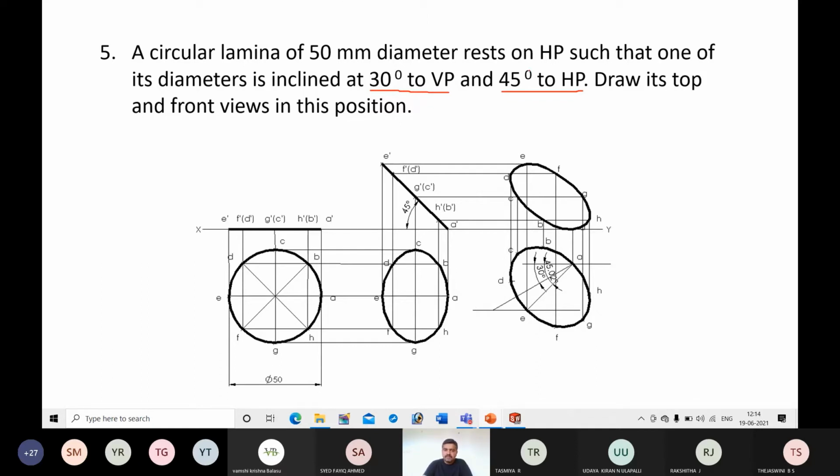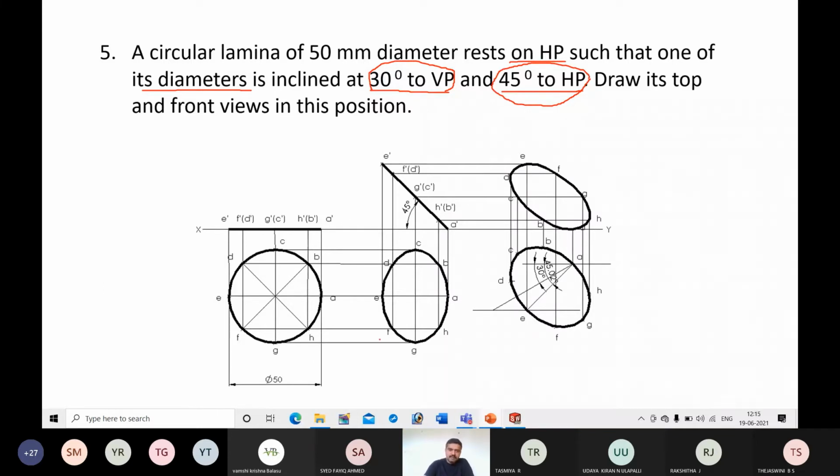Since here it is resting on HP on its diameter, we are going to consider 45 degree to HP first, then we will go for 30 degree to VP. Suppose it is resting on VP instead of HP, then we used to take 30 degree to VP first. But here we should consider 45 degree to HP because it is resting on HP.